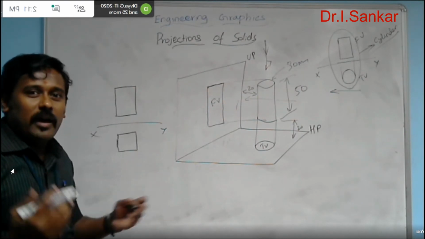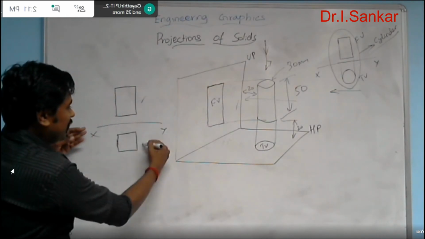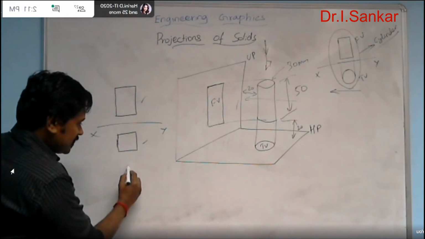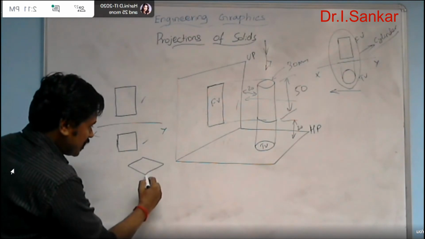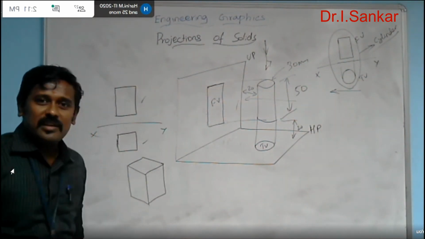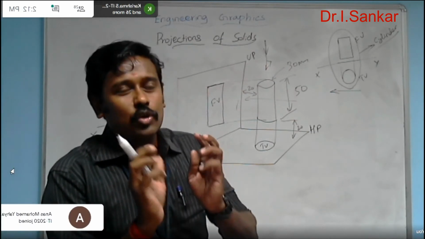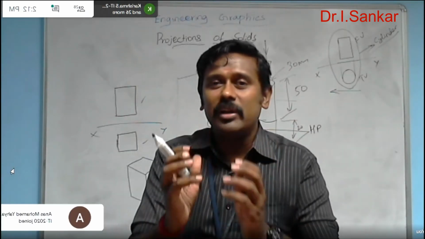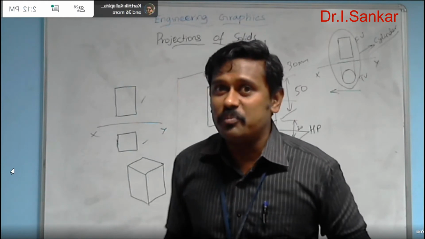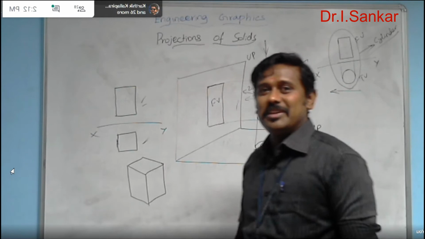But if I ask you to identify the object by reading the front and top views, easily you can say it is a square prism. So we use the front and top views combinedly in order to judge the type of the object. So this is nothing but the language of engineers.